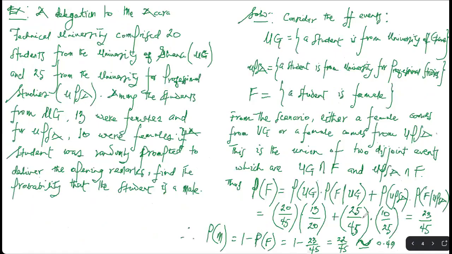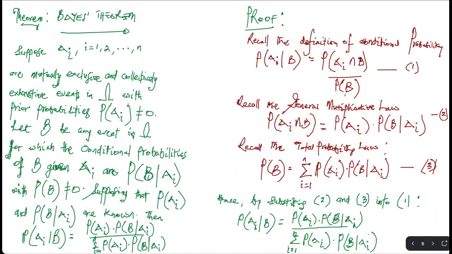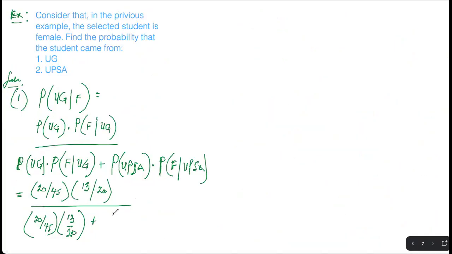Good. So 25 over 45 multiplying 10 over 25.